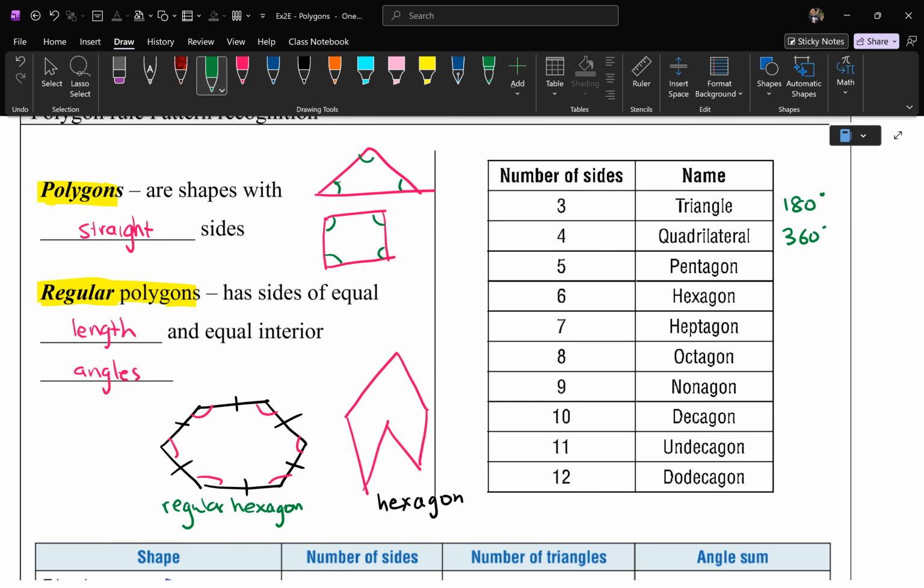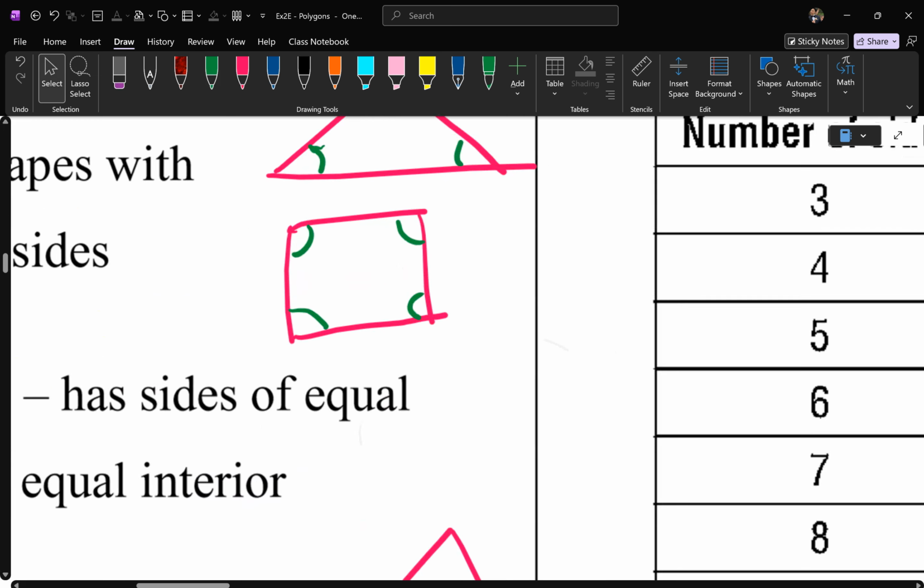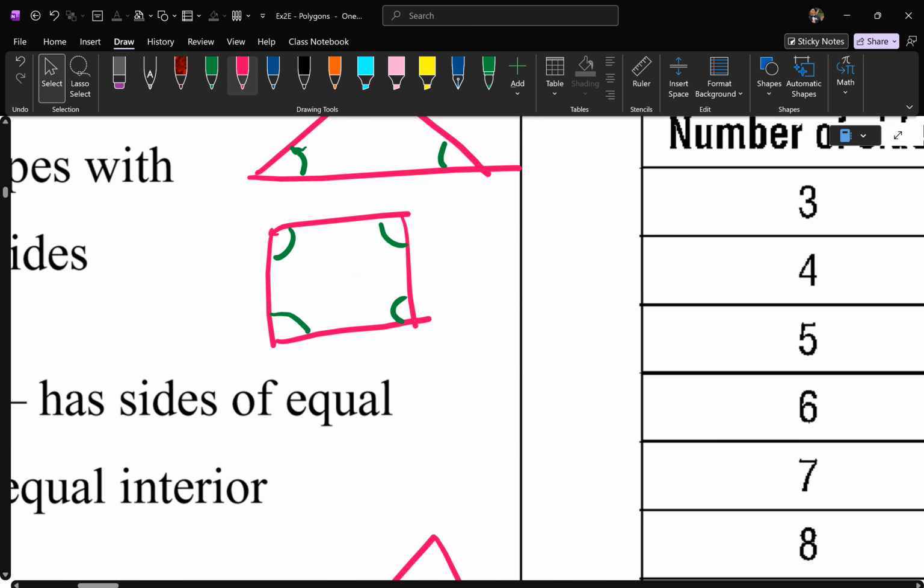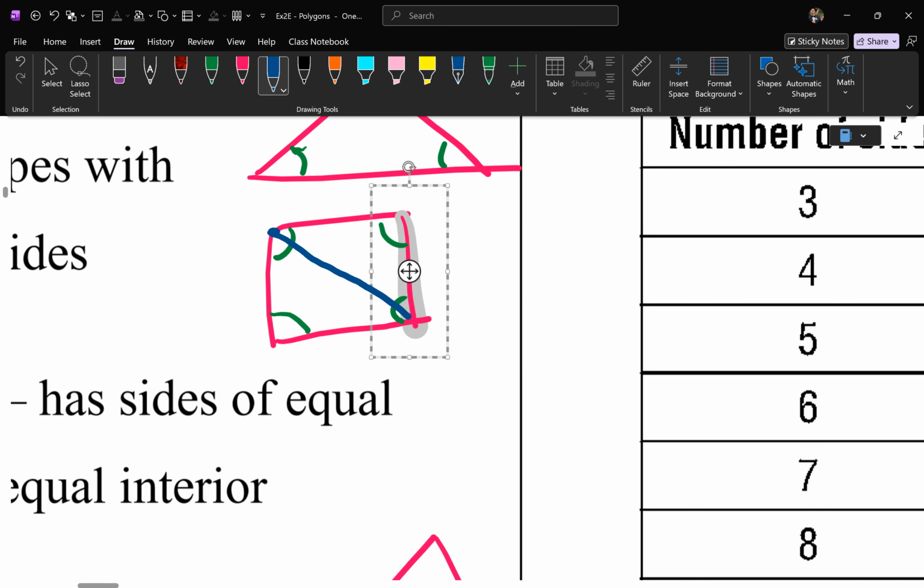360. Now, one of the reasonings is because if you cut this quadrilateral from corner to corner, if I cut it like this, I'll do it again. If you cut it like this, you end up with 2 triangles. So that means this part of the corner, so from here to here, plus this part of the corner, plus this part of the corner, that's a triangle.